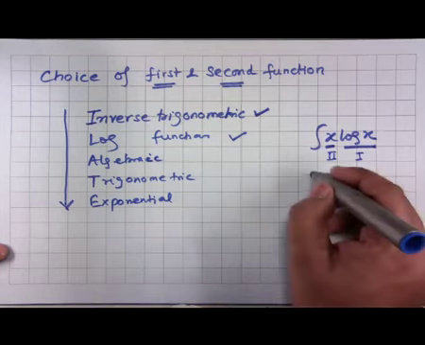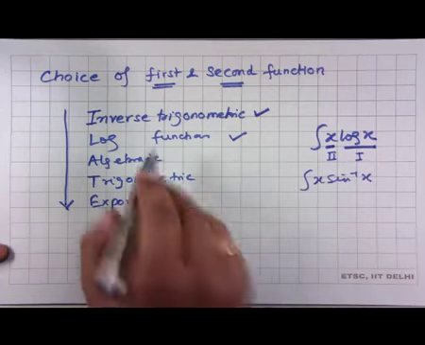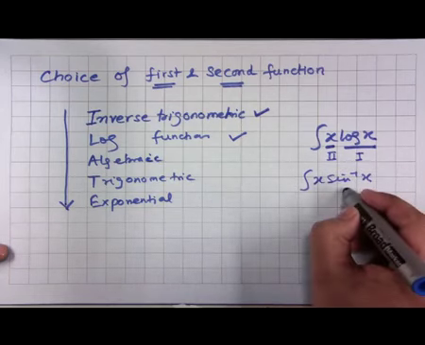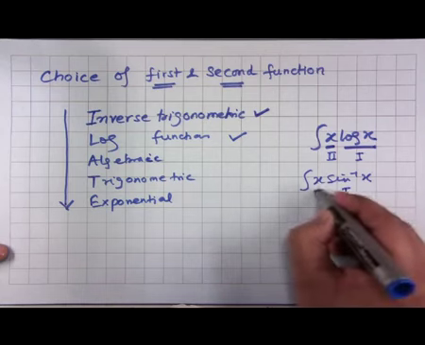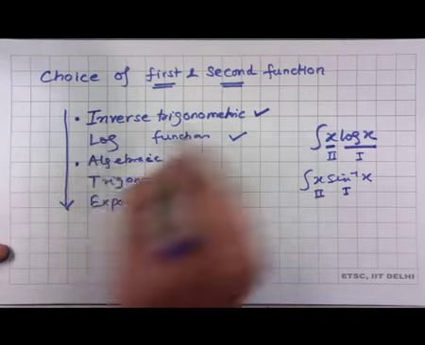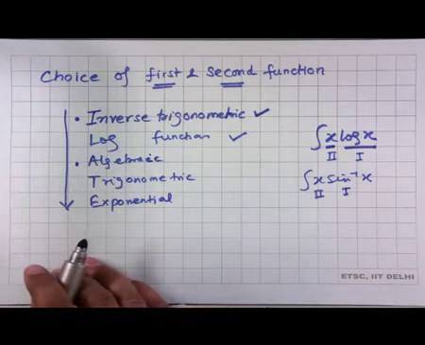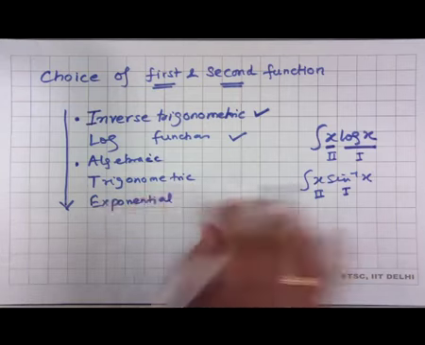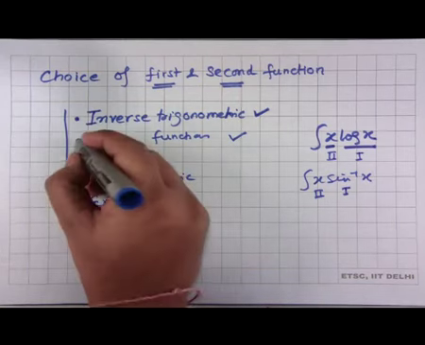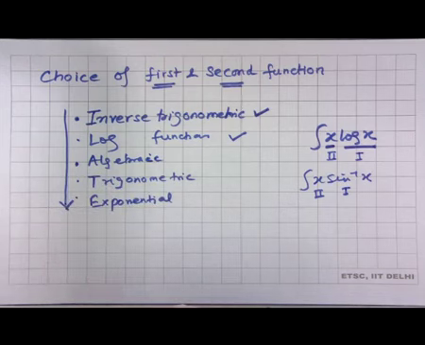Similarly, we saw the case for x sin inverse x. Here also the inverse function was first and this was second. So, this also falls in this order, inverse trigonometric and then algebraic. This is the order of functions which should be kept in mind while evaluating.